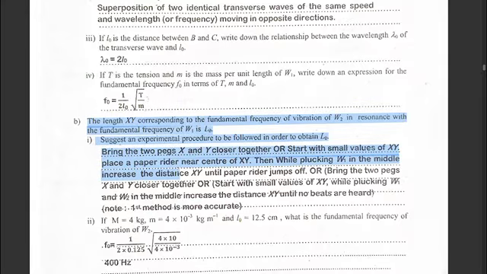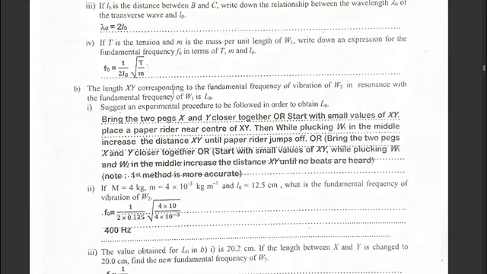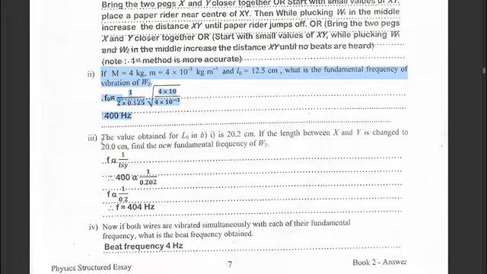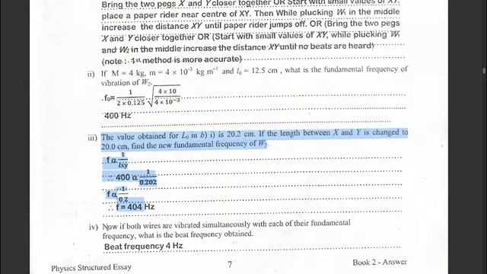This question: the length XY corresponding to the fundamental frequency of vibration of W2 in resonance with the fundamental frequency of W1 is L0. Suggest an experimental procedure to be followed in order to obtain L0. After that, these questions are similar. This can be done, so no problem.